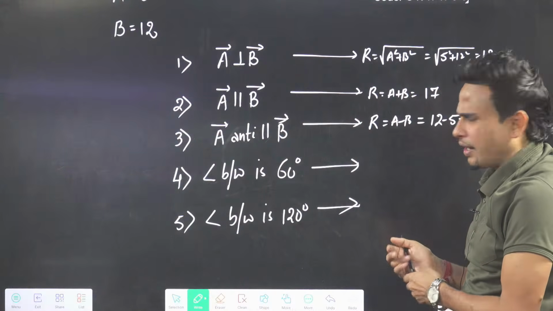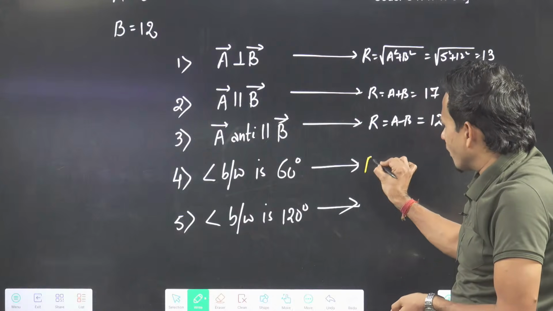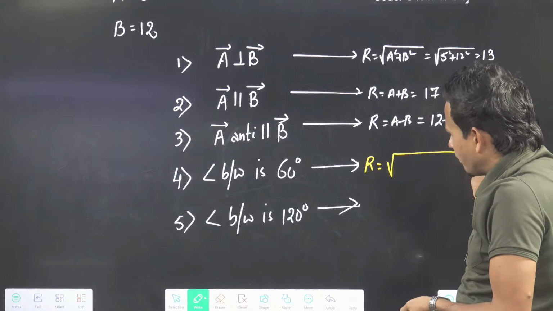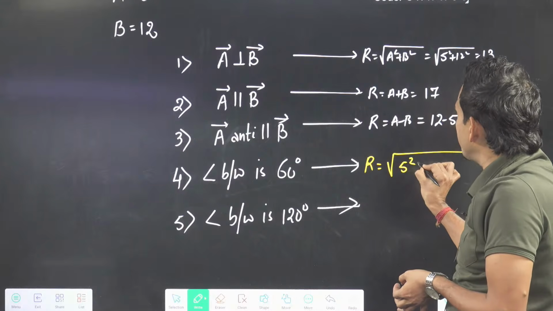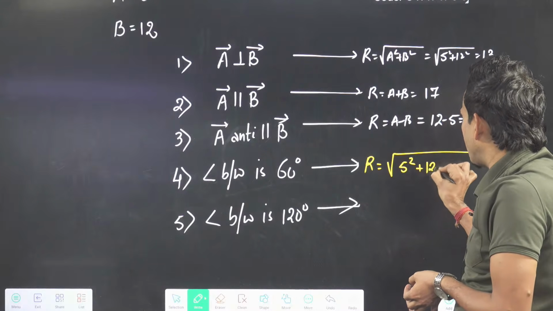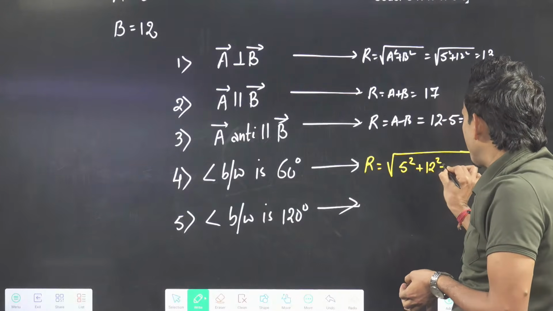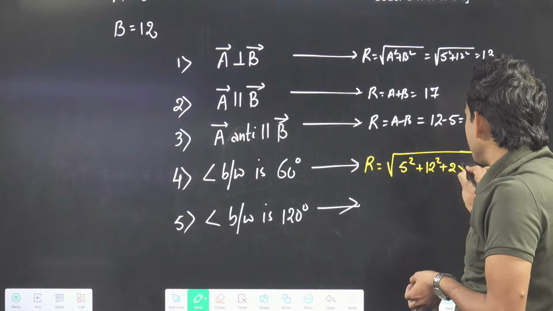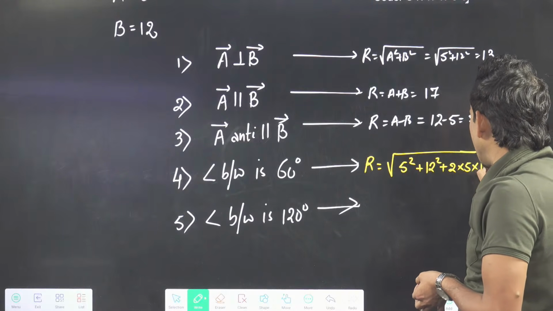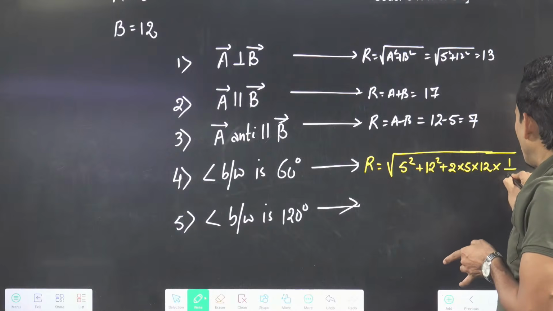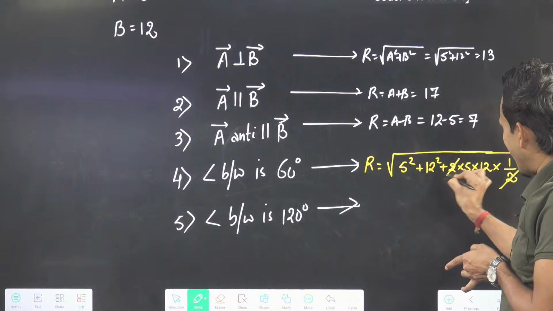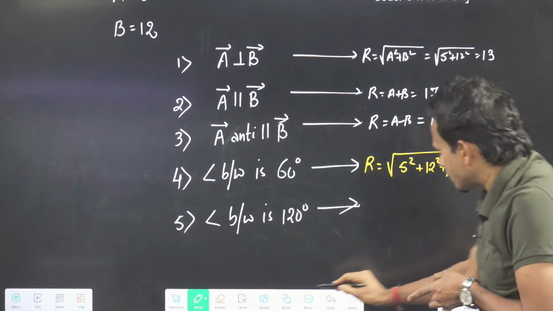Here we cannot use directly. We have to use the formula of addition: under root of a square, that is 5 square, plus b square, that is 12 square, plus 2ab, a is 5, b is 12, into cos theta, cos 60, 1 by 2. So this will get cancelled.